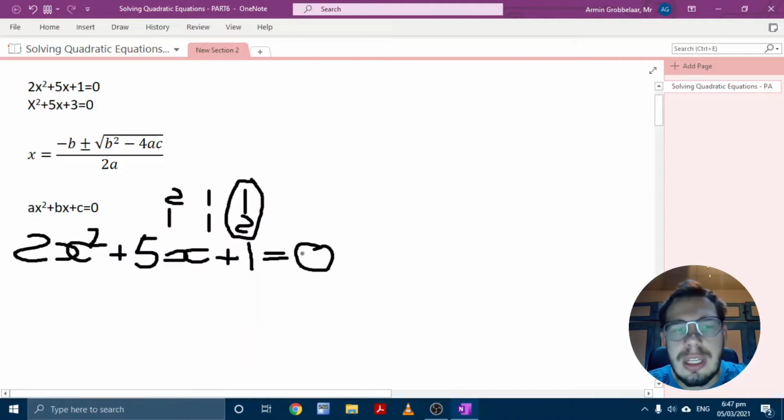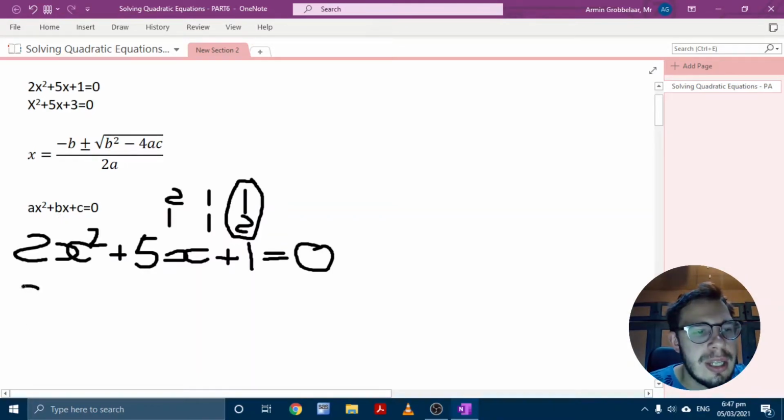There's another way you can see when to use the formula, which I'll discuss in my next video. But you can also use the formula with any quadratic equation if you'd like. So now we have this equation in the form ax squared plus bx plus c is equal to 0.